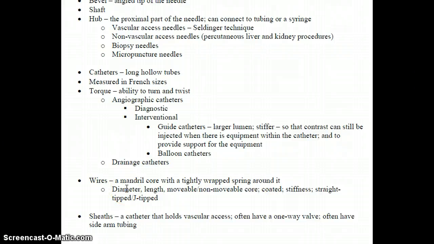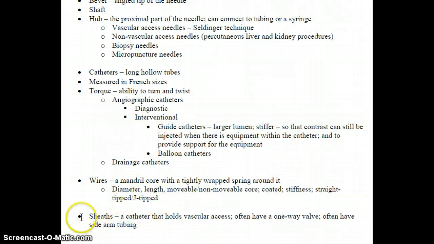And then your interventionals are sometimes smaller. For length, what we consider a regular wire would be 150 centimeters, but they can be up to 300 centimeters. That mandrel core could be movable or non-movable. They could be coated with Teflon or heparin or not. There's the stiffness of the wire, and then the tips come in all types. They can be tapered, straight tip, J-tip, floppy, or stiff.